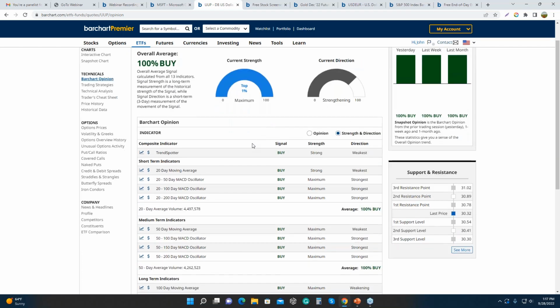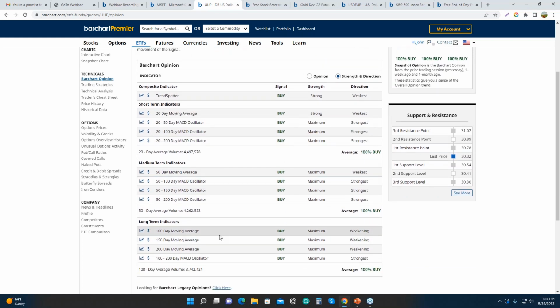Now, again, this might not be a bad scenario for us. It might just mean that we find a better opportunity to wait to buy into the strength of the dollar. And notice that in our 20-day moving average, our direction is the weakest. That momentum has changed. In our 100-day moving average, our momentum is weakening.